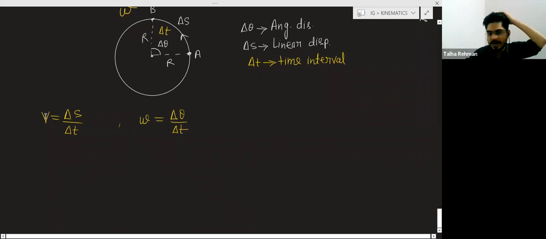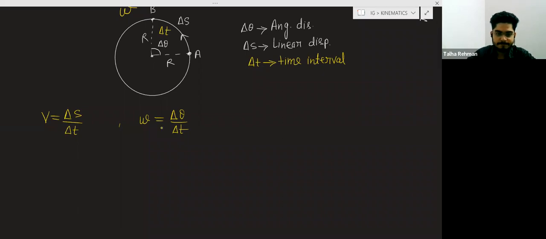So this is the average velocity, this is average angular velocity. Now we will use one relation here.